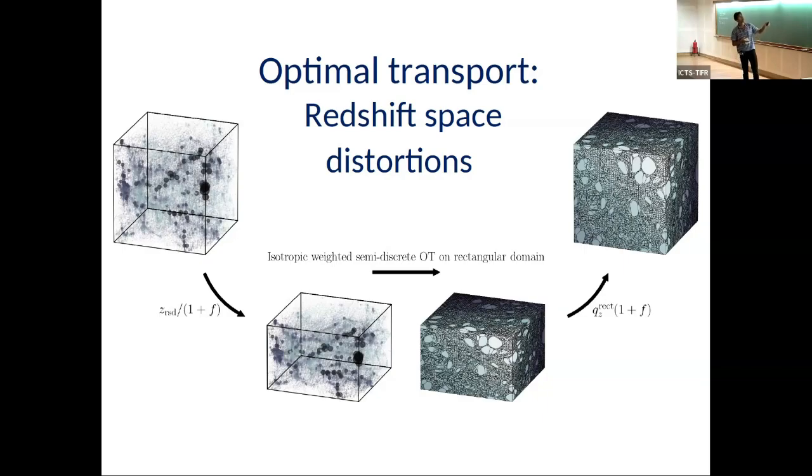So you start out in a cube, you shrink along the line of sight direction, along the z-axis, by a factor that includes the peculiar velocity information, so 1 plus f. F is omega to the 0.6, more or less. So you've had to assume cosmology to do that. Then you run the algorithm, and then you shift back. Okay? So that's how you account for the linear redshift space distortions.